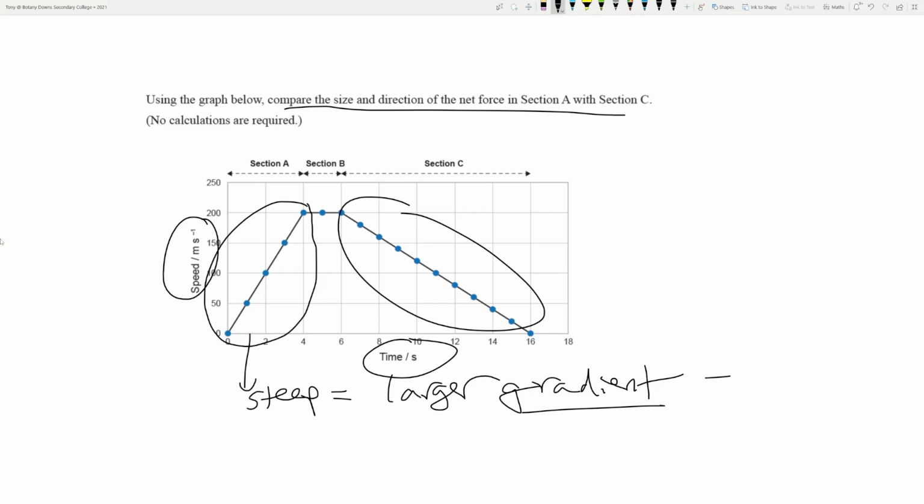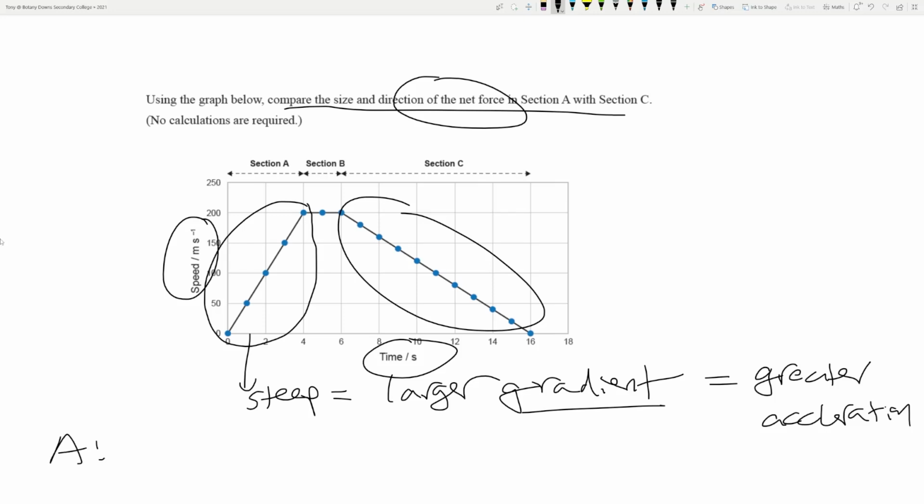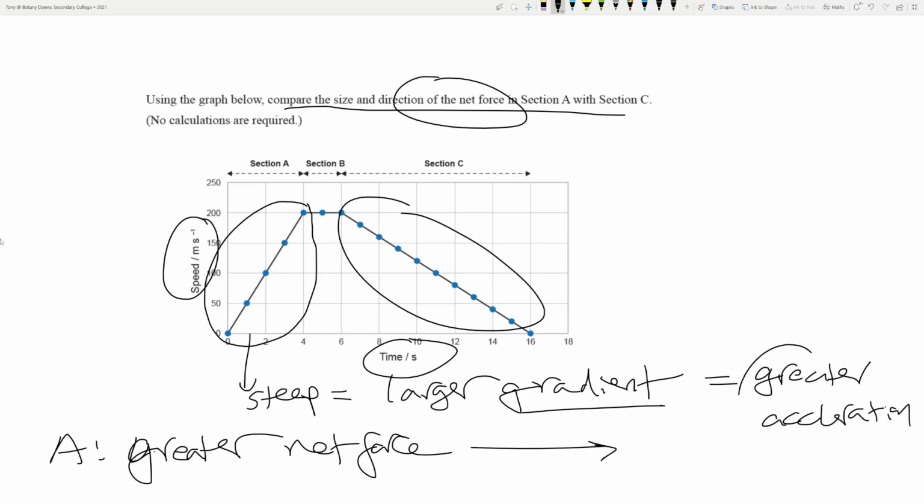So if you have a larger gradient, that means you have a greater acceleration. When we're trying to compare the net force, if you look at A, it has a greater acceleration. That means it's going to have a greater net force. You're going to have a greater net force going forward, and that results in a greater acceleration.